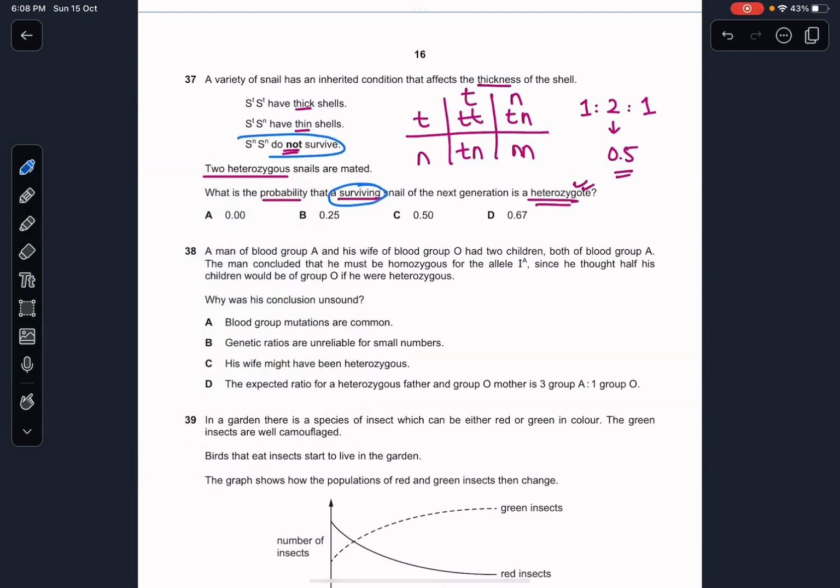So the NN, this is not going to survive. So overall, heterozygotes are not going to be half of the population. They are going to be 1, 2, 3, and 2 of those are the heterozygotes. So they're going to be 2/3 of the population. So 2 divided by 3 is 0.67. So the answer is going to be D.